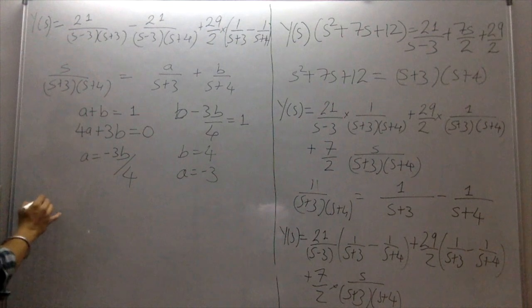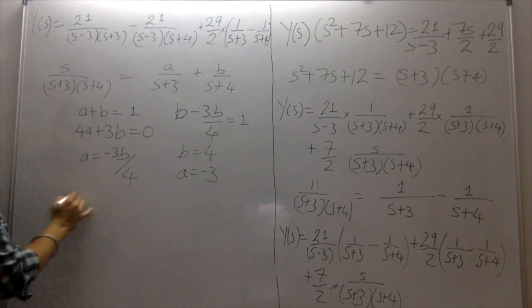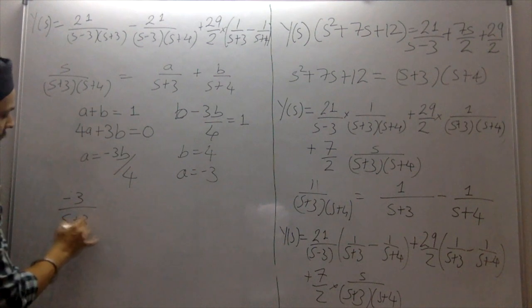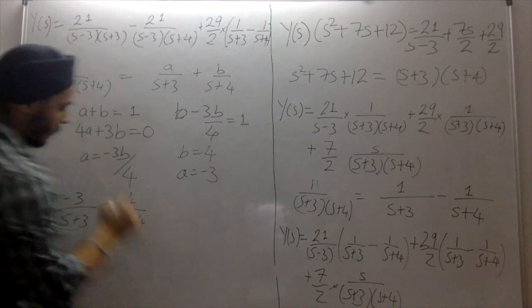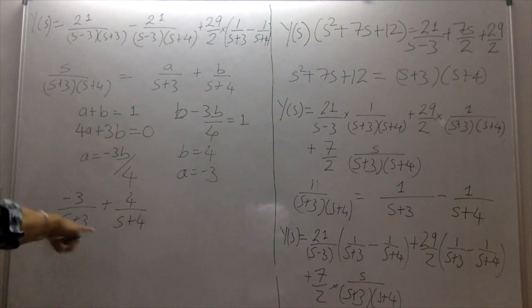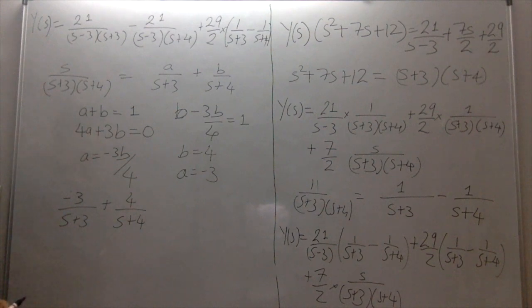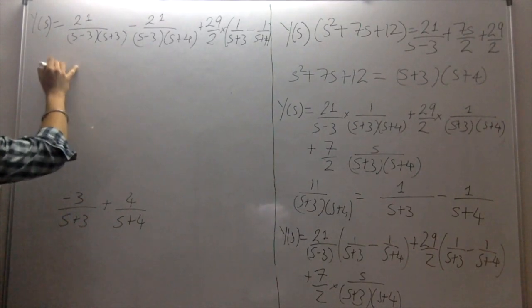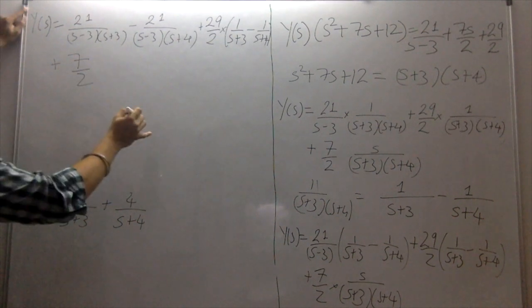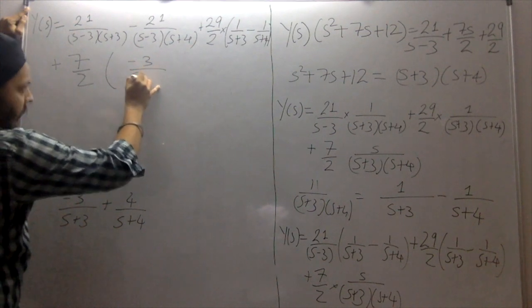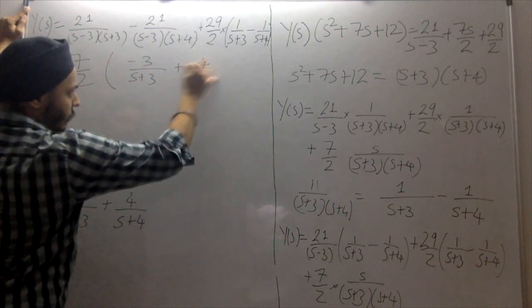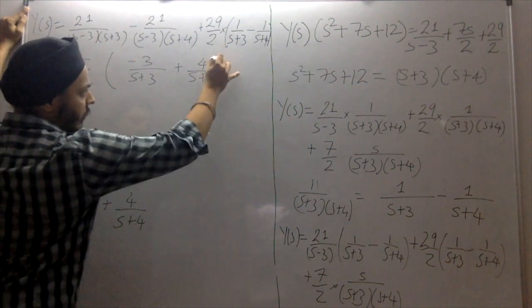So we can write this as minus 3 over s plus 3 plus 4 over s plus 4, which will give us s over s plus 3 into s plus 4. So let me rub this portion. Hence our equation becomes plus 7 by 2 times minus 3 over s plus 3 plus 4 over s plus 4.